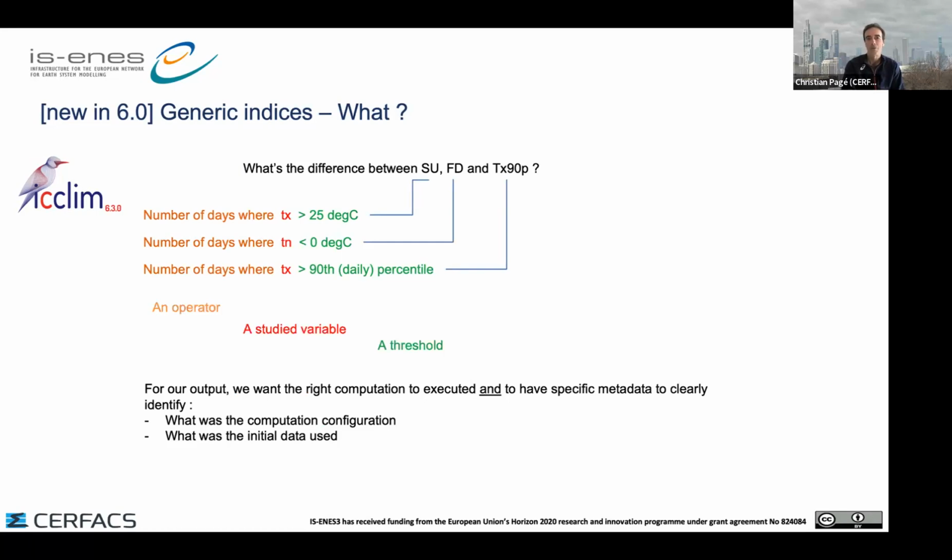So we have operator, variable, and threshold. What we do here is define a generic way to represent all those climate indices using those 3 specific features: operator, variable, and threshold.